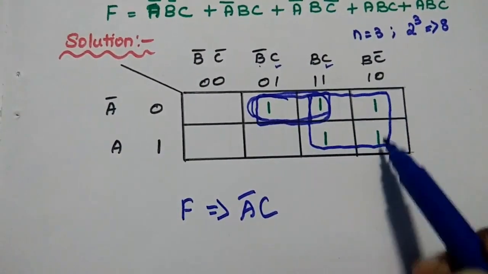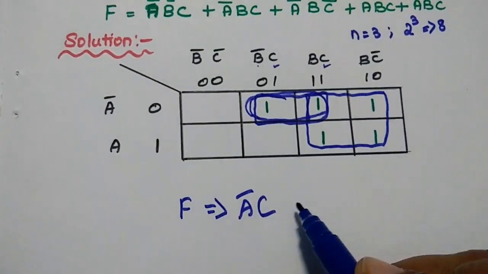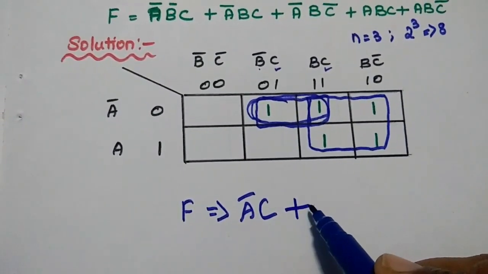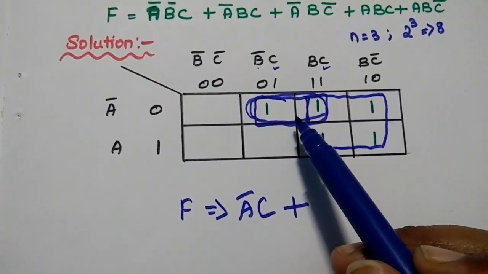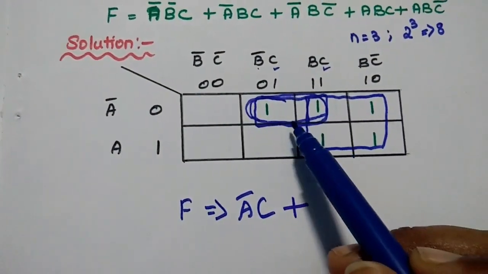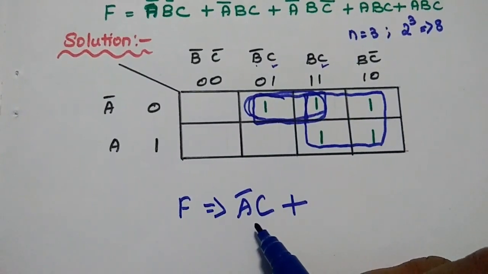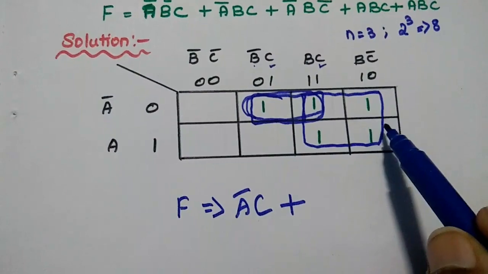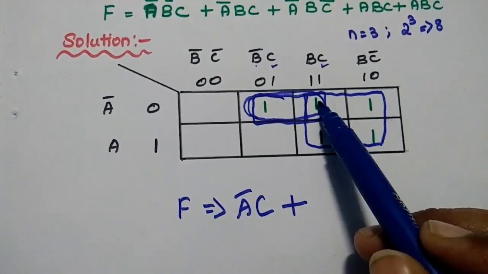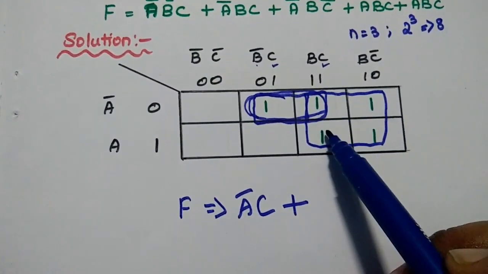Then we have to consider this 4. Since we are talking about sum of products, we have to represent each group with its product value. So next, this group. What is the common term for these 2 rows?